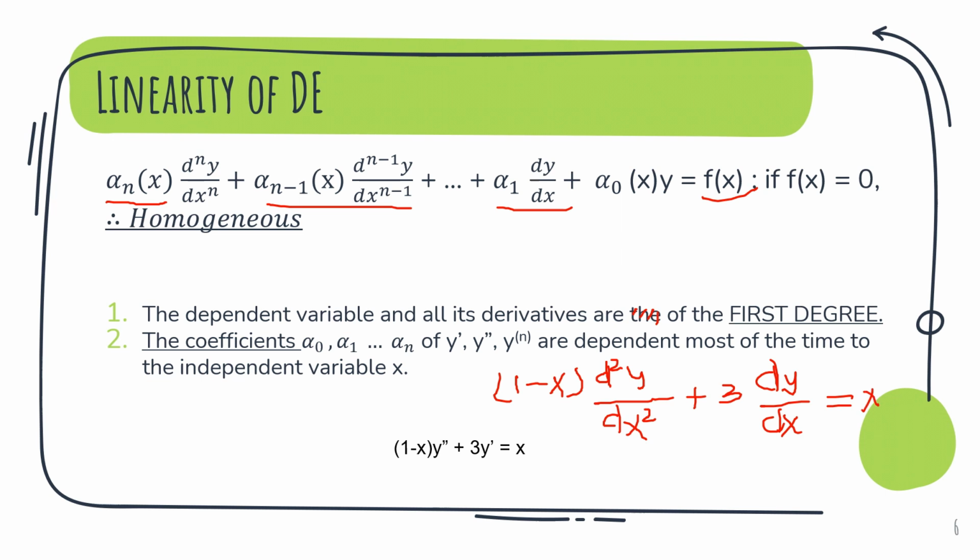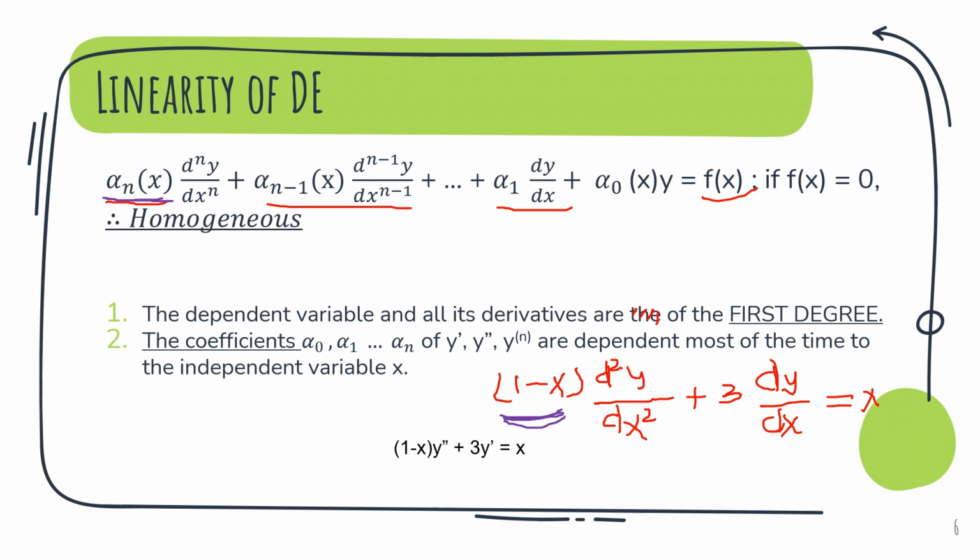So, dito sa part na to, nakuha natin ang part na dapat ay purely in terms of x lang, which is yung 1 minus x.